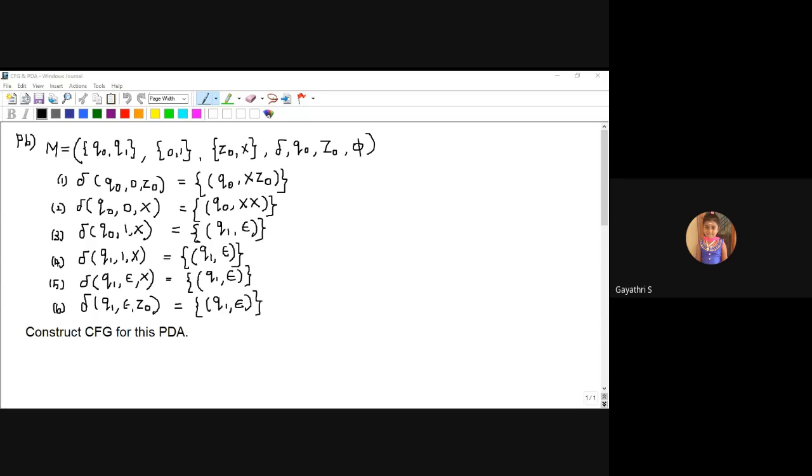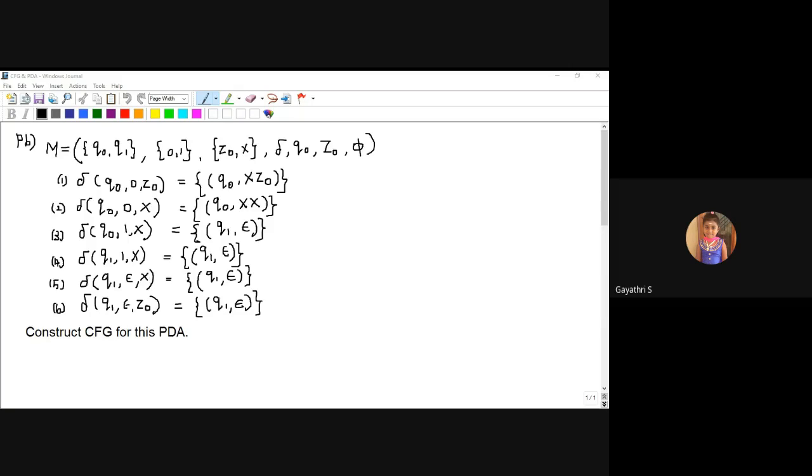This automaton is of the type acceptance by empty stack. That is why the seventh parameter is added as phi. So phi means this automaton belongs to pushdown automata that accept by empty stack. For this problem, they have given the transition function as input.